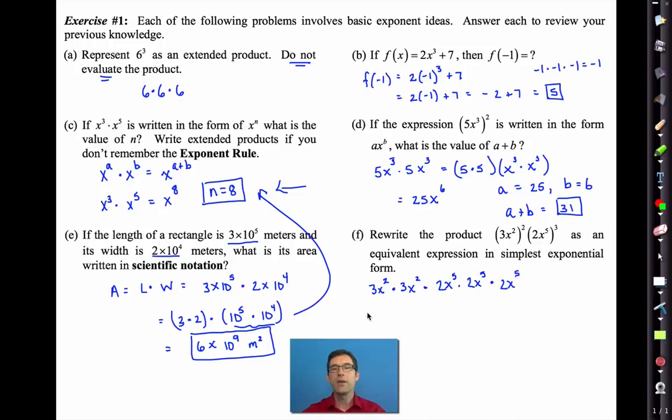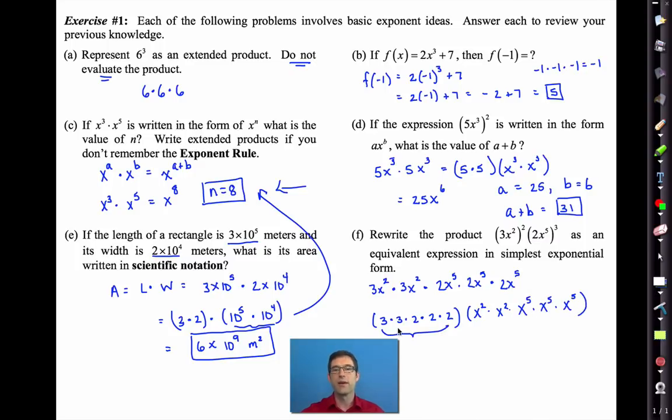right? Now we can use the associative property of multiplication to group all the numbers together, i.e. 3, 3, 2, 2, 2, and all the variables, x squared, x to the fifth, x to the fifth, x to the fifth.